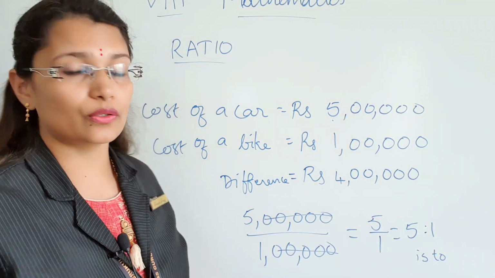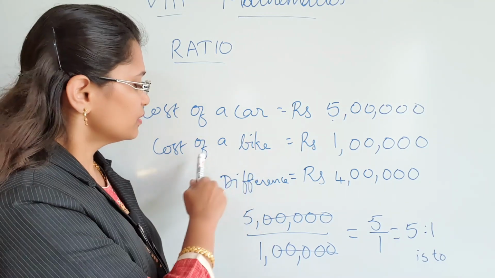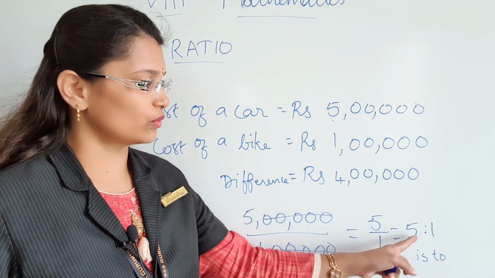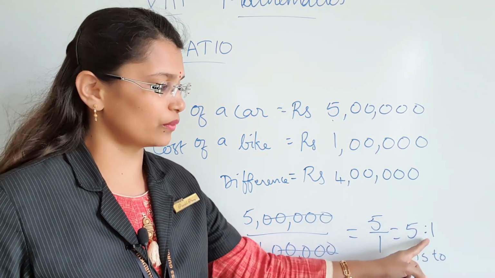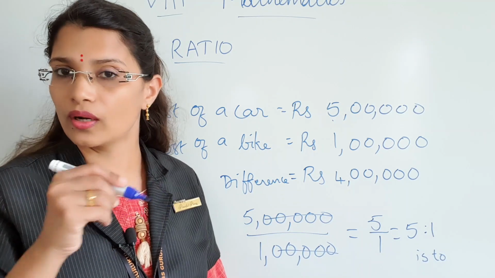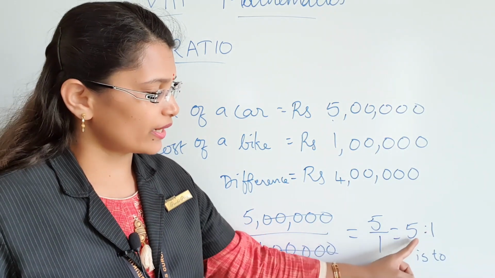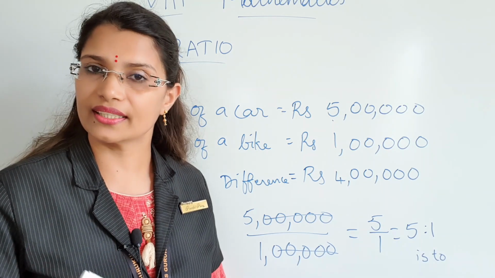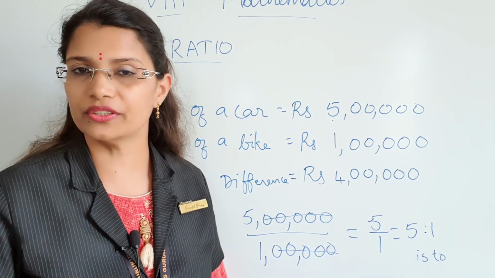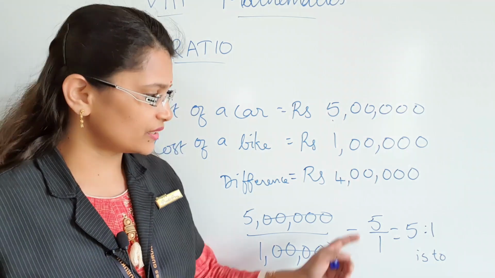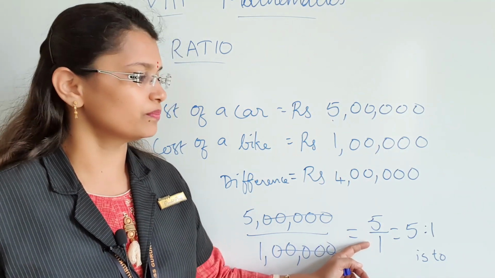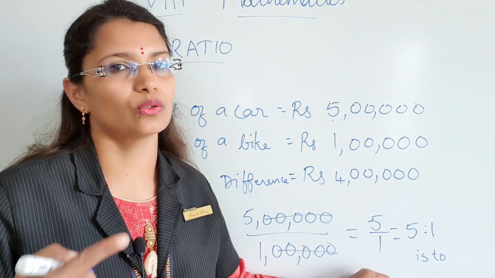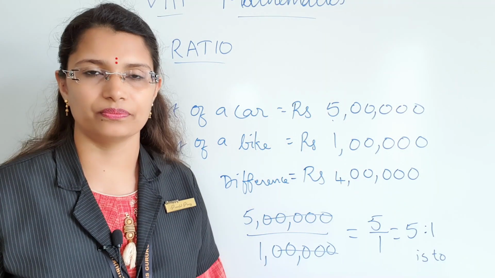Thus, the cost of a car to that of a bike is 5 by 1 is equal to 5 is to 1. This is called ratio. So, how can you define ratio, children? A ratio is a fraction that shows how many times the one quantity is of another.